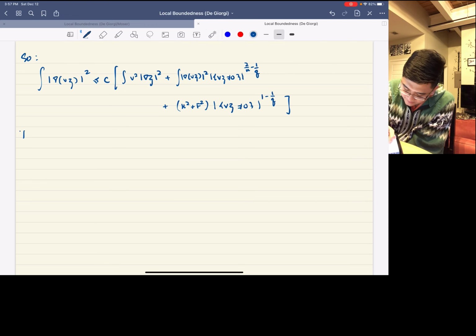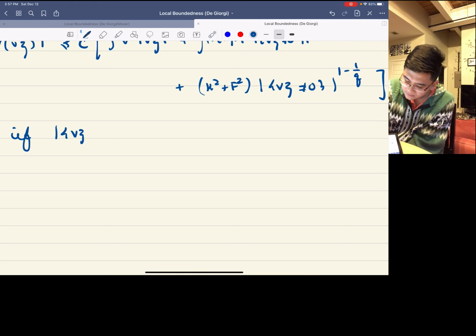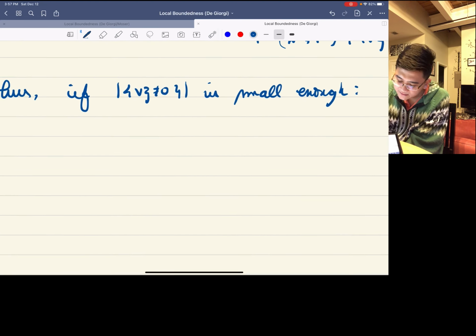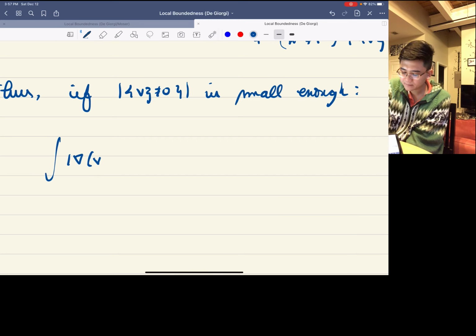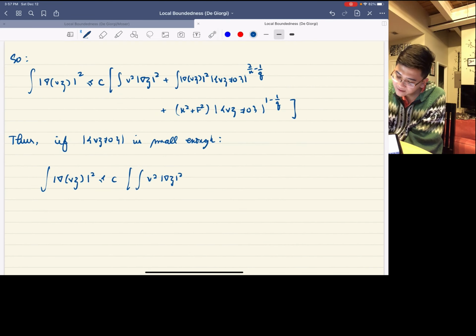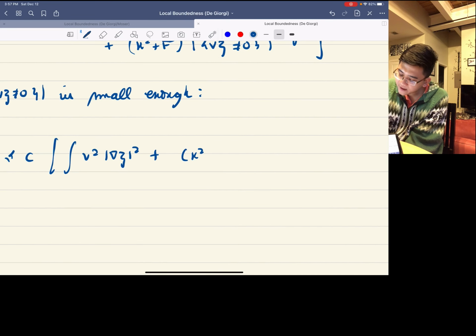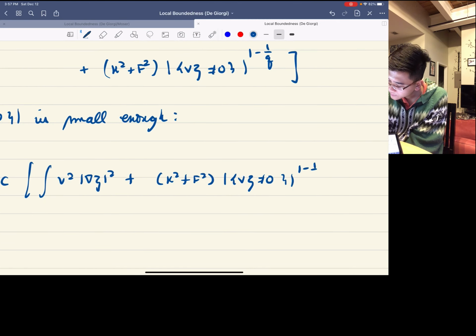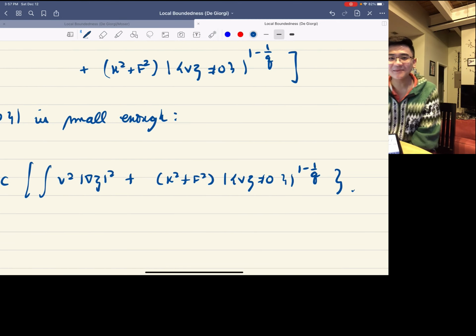Thus, if it is small enough, you can move that to the other side and eventually get the integral of grad v zeta squared less than or equal to some constant times the integral of v squared grad zeta squared, so we don't have this anymore, plus k squared plus f squared times the measure of this set, v zeta not 0, raised to 1 minus 1 over q. Which is the claim. So the claim is now proven.